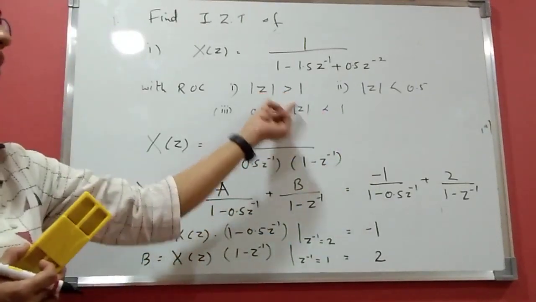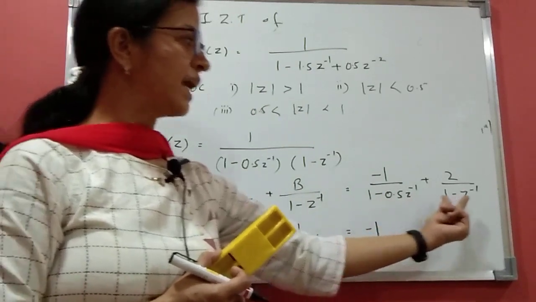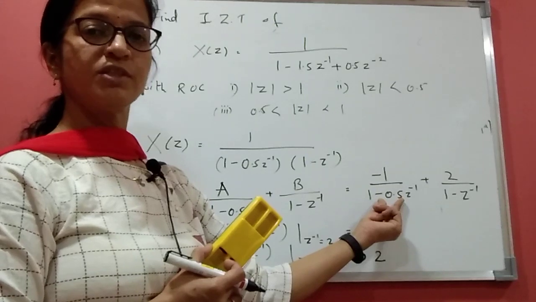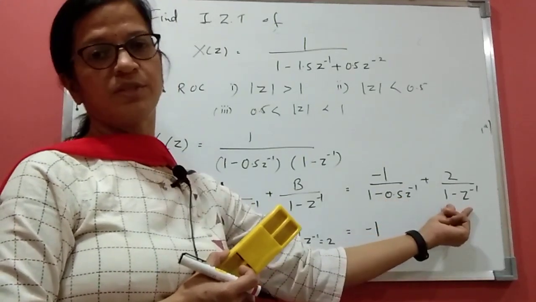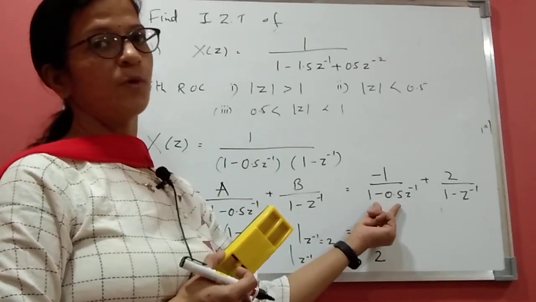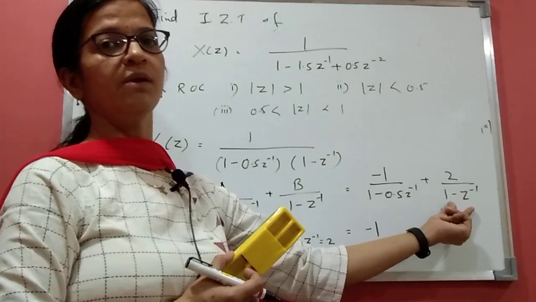For the first one, when mod z is greater than 1, this is a causal signal and this is also a causal signal, because for this to be causal, mod z should be greater than 0.5, and for this to be causal, mod z should be greater than 1.